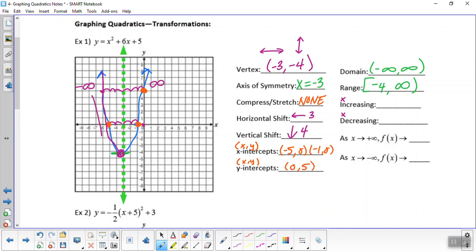So I decreased from negative infinity to my vertex point, which is -3. Again, we only care about x values. So then from my vertex point on the other side, if I trace, I'm going up. So I'm going up from -3 to positive infinity.